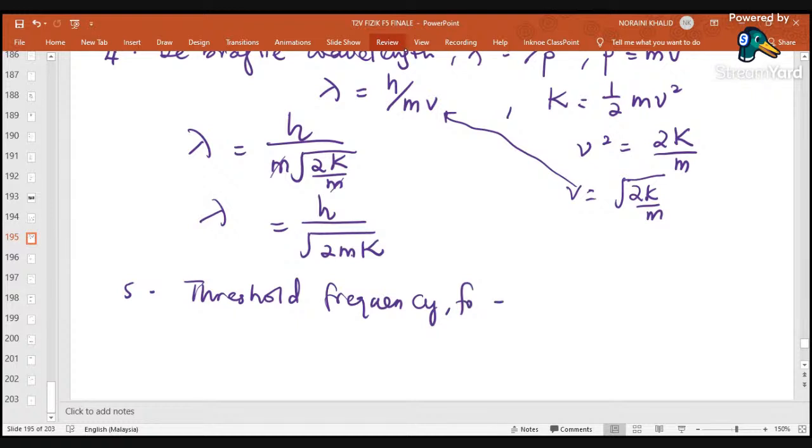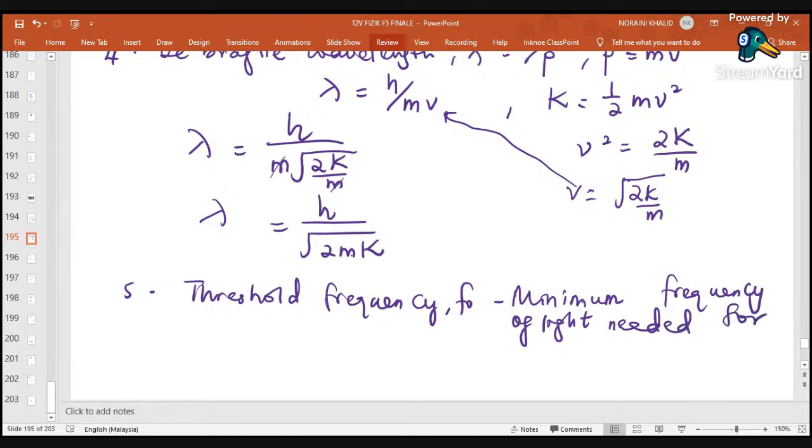The threshold frequency is the minimum frequency of light needed for a metal to emit electrons.